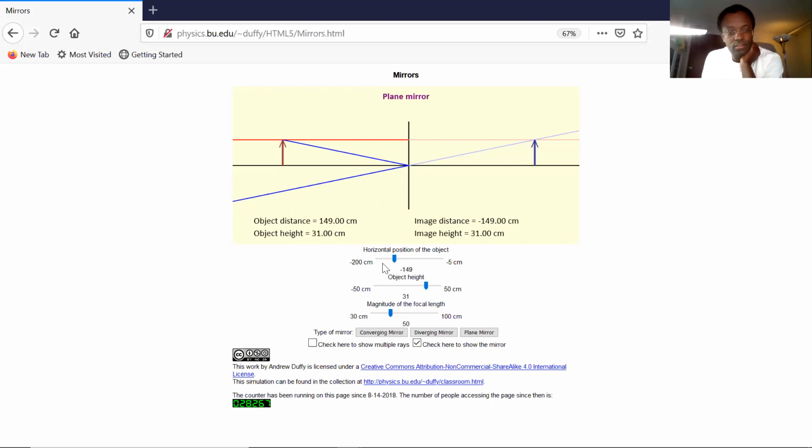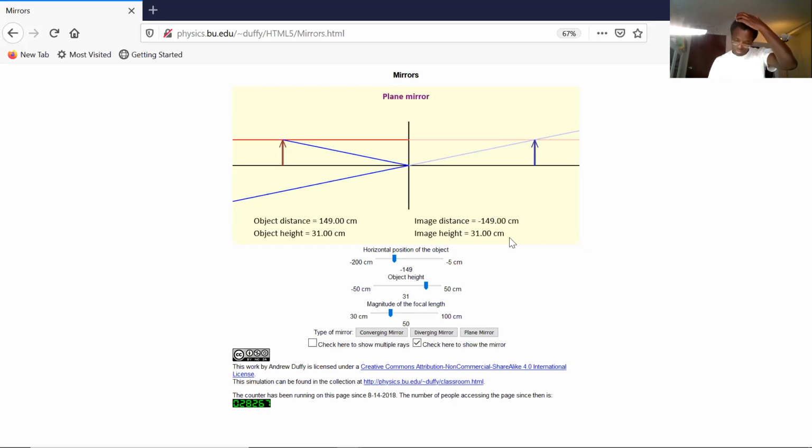Object height is 31 centimeters, so that's how tall this object is. And these are the same values for the image, distance and the height. I think that's all you need here.